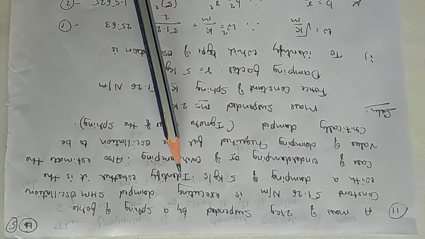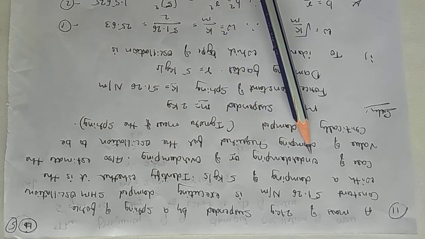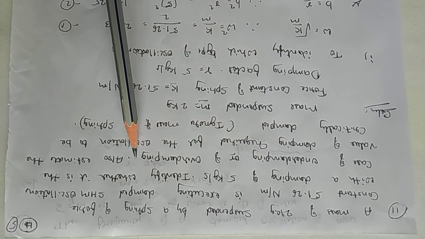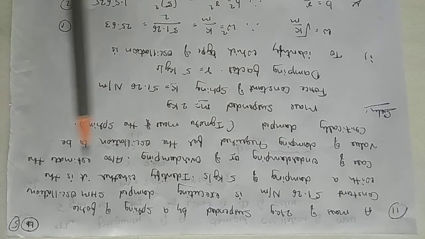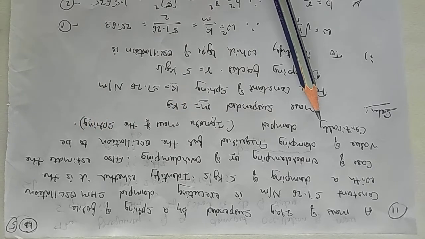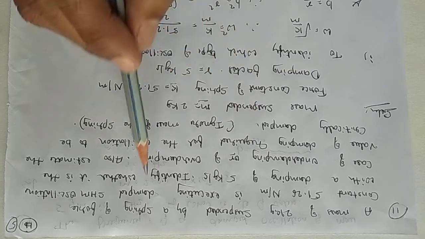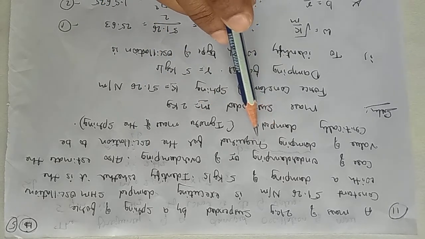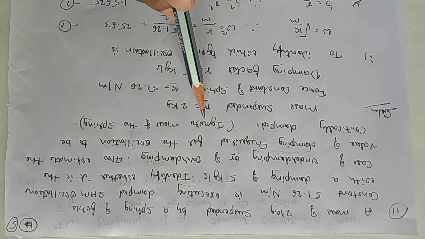Now identify whether it is the case of under damping or over damping. First we have to analyze whether it is under damping or over damping. Second, also estimate the value of damping required for the oscillation to be critically damped. With the same system, what is the value of the damping to have critical damping?